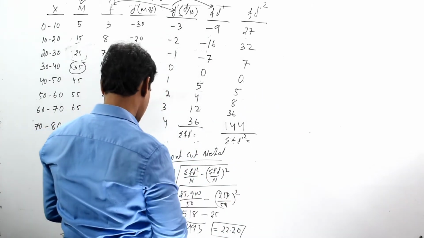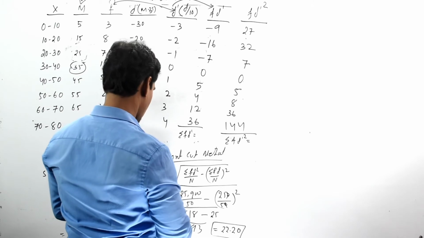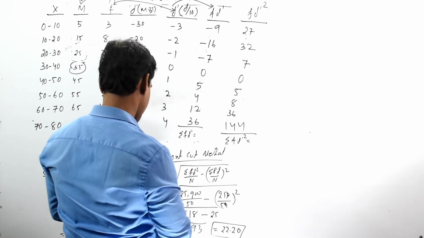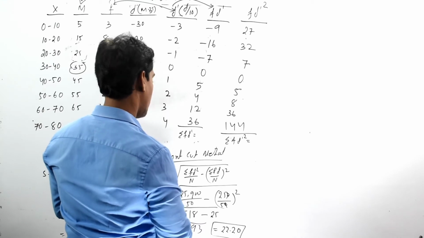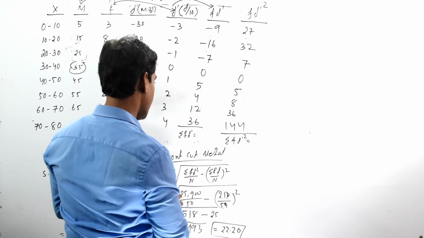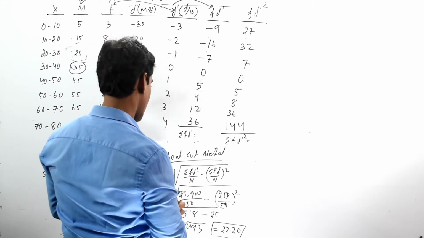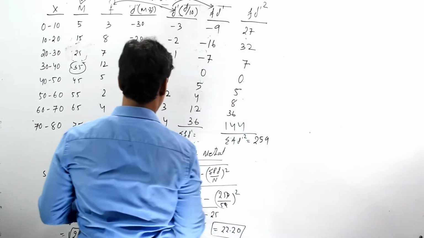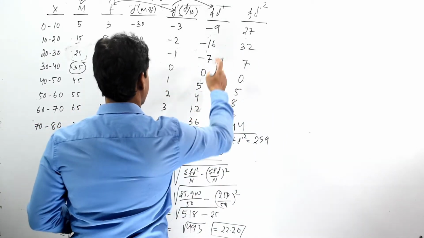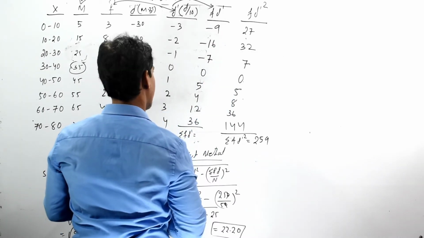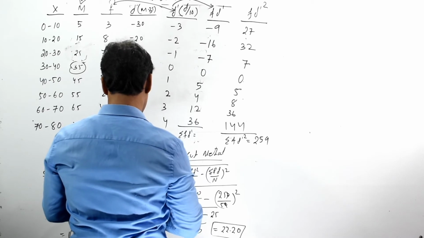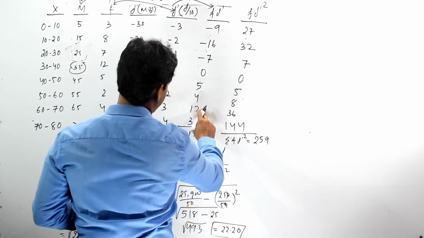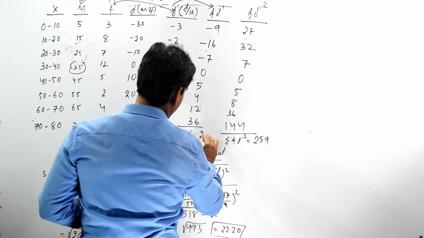Now find out summation fd dash square and summation fd dash. So the value of our summation fd dash square is 27 plus 32 plus 7 plus 5 plus 8 plus 36 plus 144 equals 259, and the value of summation fd dash, that is minus 9 minus 16 minus 7, that is minus 32, plus 36 is 4, 4 plus 12 is 16, 16 plus 4 is 20, 20 plus 5 is 25.